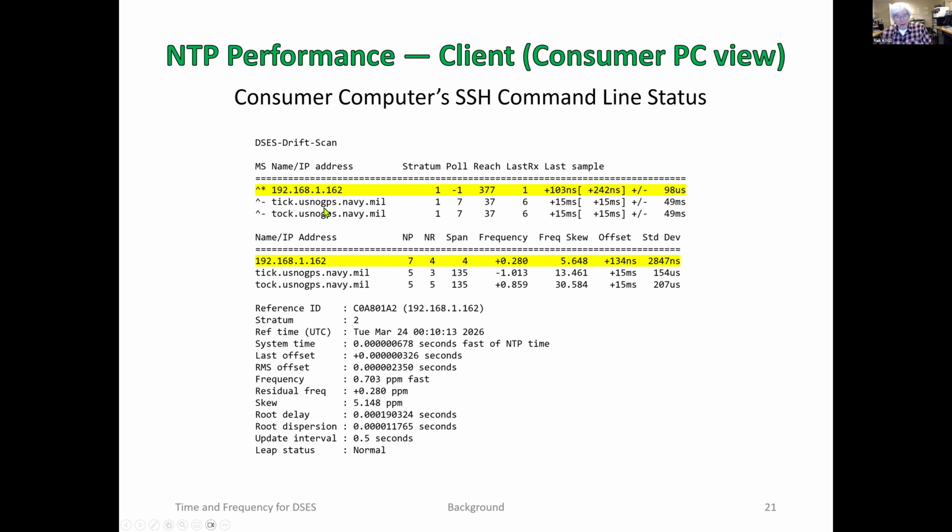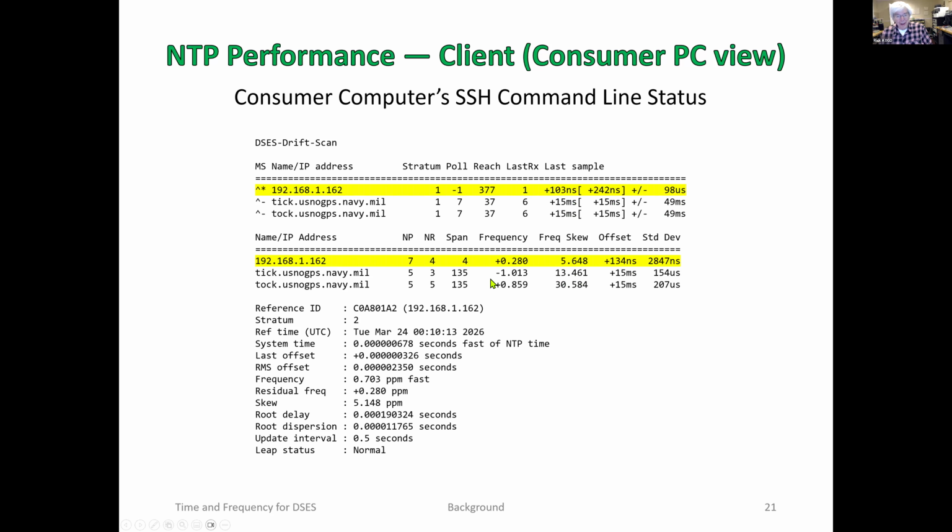And it has two backup sources of time that it looks at for sanity checks. These are USNO time servers at Shriver Space Force Base. And so we look at those to see, is there sanity here?